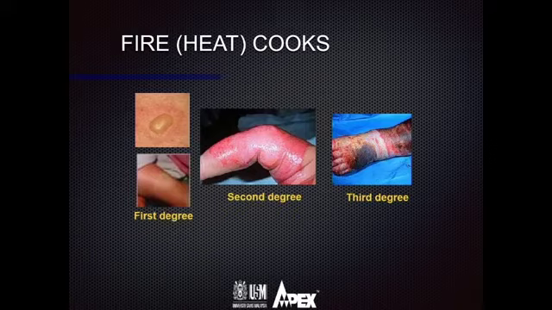Training on fire extinguishers is an imperative tool for you to address the incipient stage. If we can address the incipient stage of the fire, we can avoid a major disaster. And, well, fire cooks.